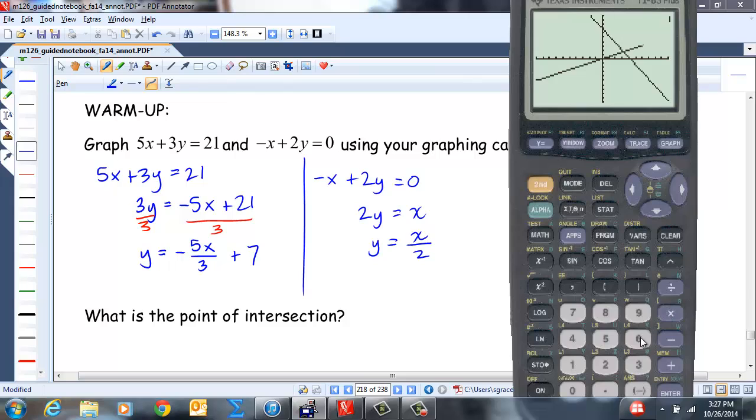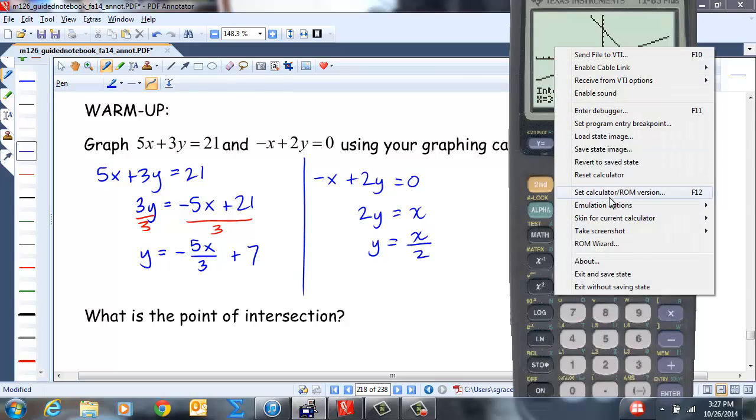All right. So now we're going to want to find the point of intersection here. So let's just go to second calculate value. Oops, I'm sorry. Second calculate intersection. So we're on our first one, so hit enter, enter, enter, and there's our intersection point.